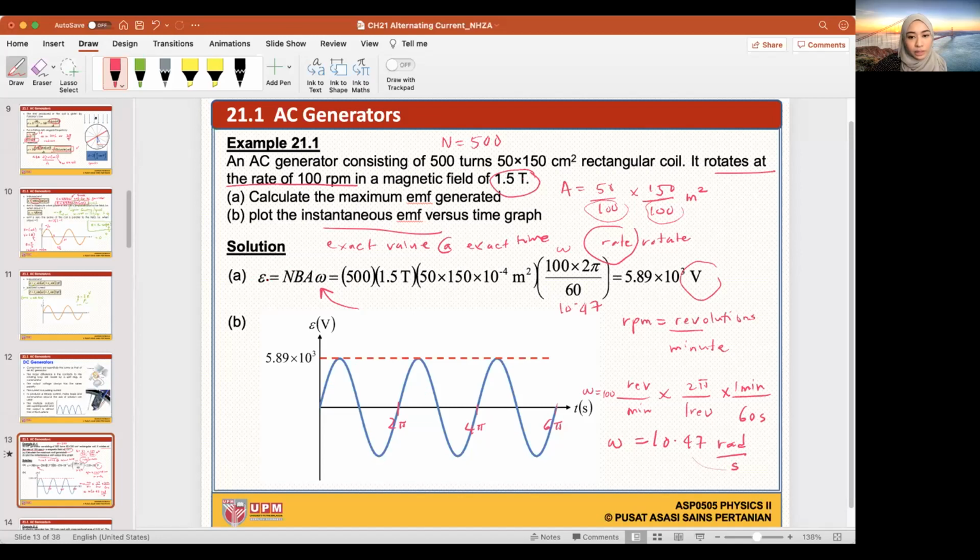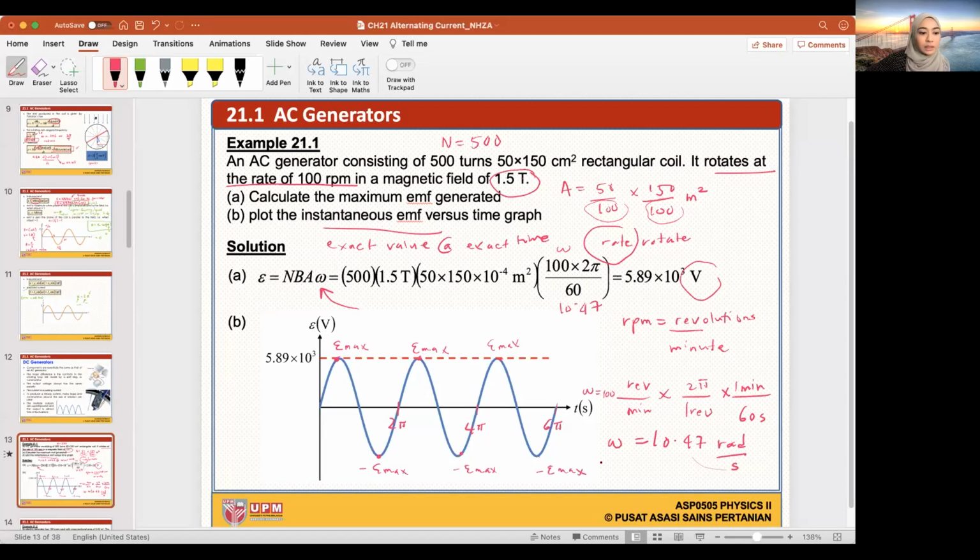Since I already know what is my maximum EMF, I know what is my peak value and also my minus peak value. So this is always E max, E max, E max. Okay, and then this is minus E max, minus E max, minus E max.